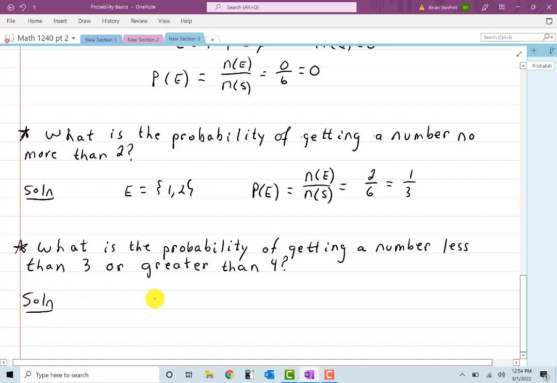So once again, let's take a look at our E. The numbers that are less than 3, that's going to be 1 and 2, and the numbers that are greater than 4 is 5 and 6. So the probability of E equals n of E divided by n of S. That is 4 out of 6, or if you like, 2/3.